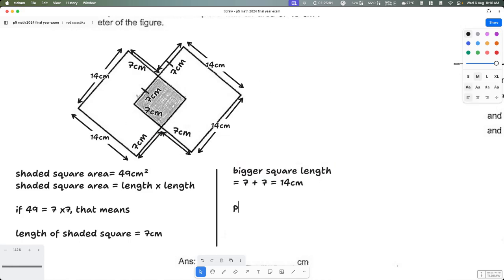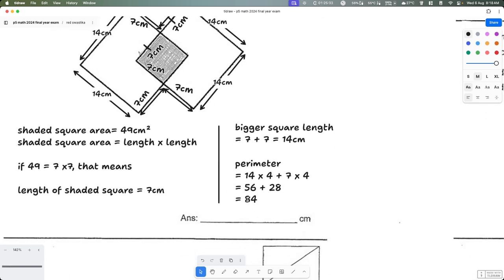So then we just get the perimeter, which in this case is 14 times 4 plus 7 times 4. 14 times 4 is 56, plus 7 times 4 is 28. And what would this give us? 84. So the answer is 84 centimeters.